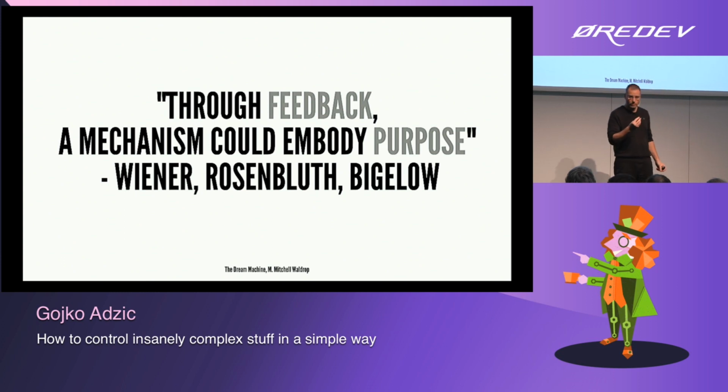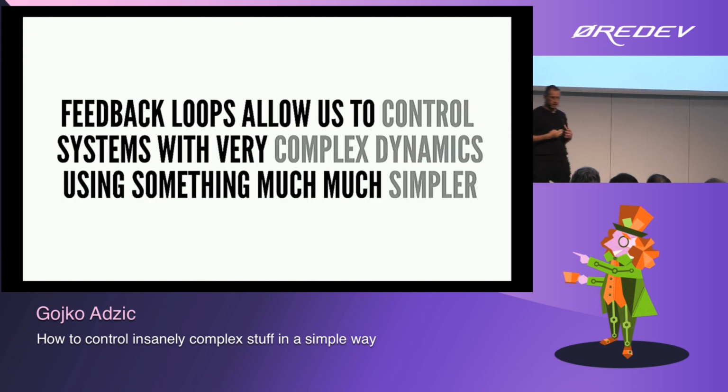All you need to do is apply feedback. Did it move enough? Well, let's move it a bit more. So the whole idea of feedback loops is they allow us to control stuff that's incredibly complicated with something that's much, much simpler.